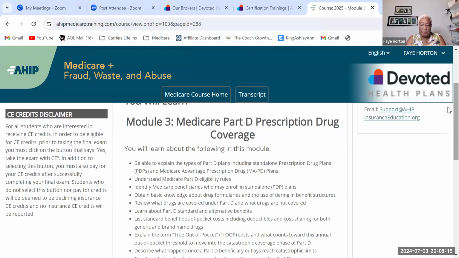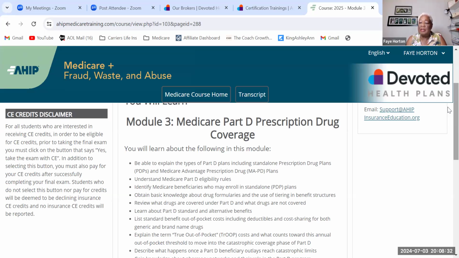So, in Module 3, you're going to learn and be able to explain the types of Part D plans, including standalone prescription drug plans and Medicare Advantage prescription drug plans.